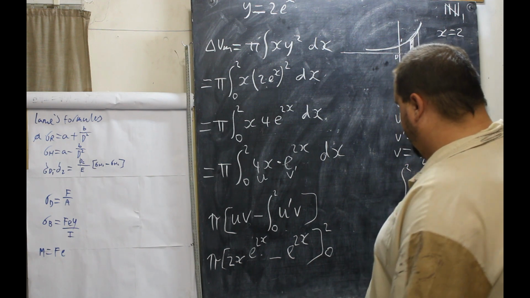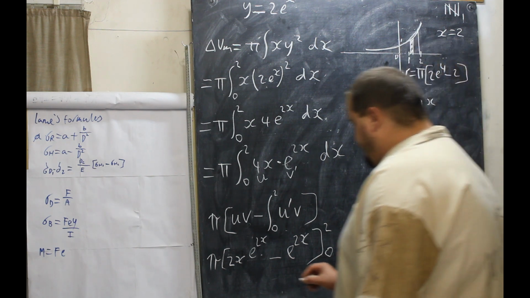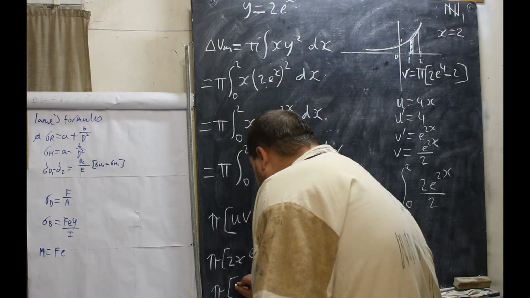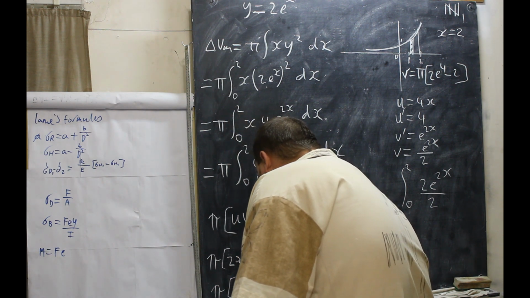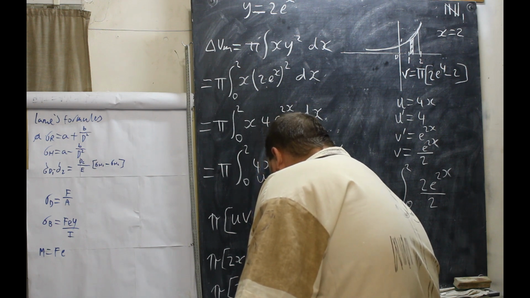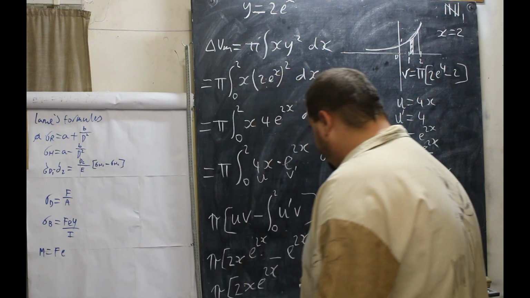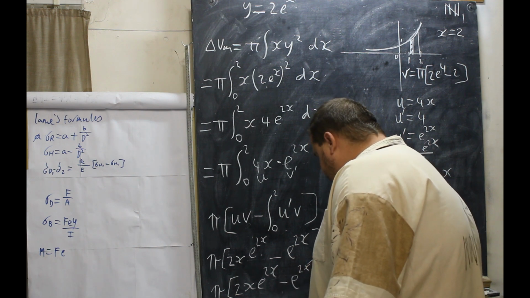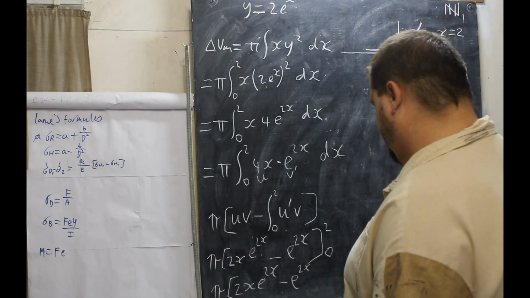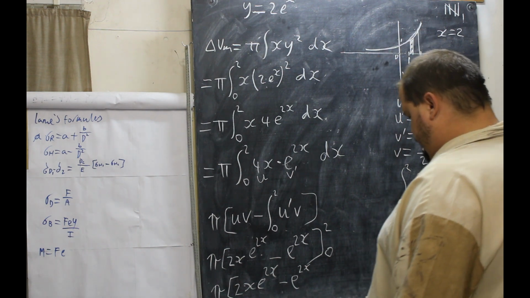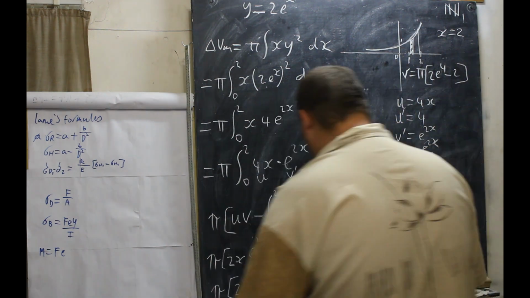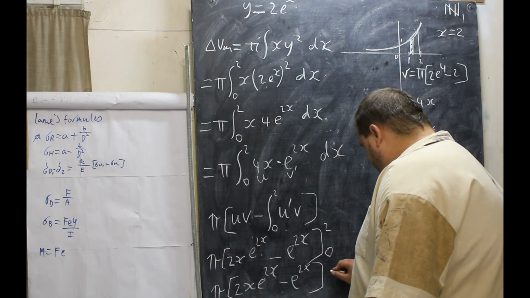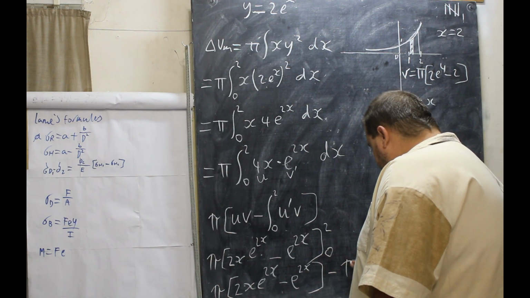So what we need to do now is say my pi times 2x e to the 2x minus e to the 2x, minus pi.